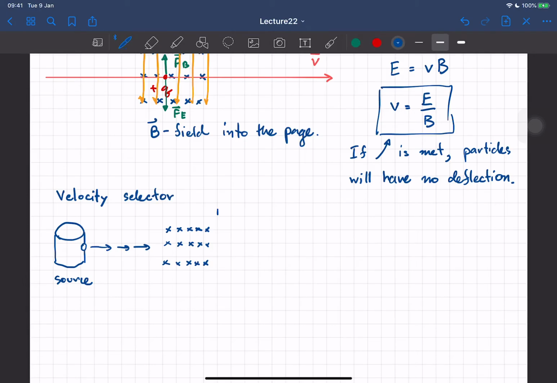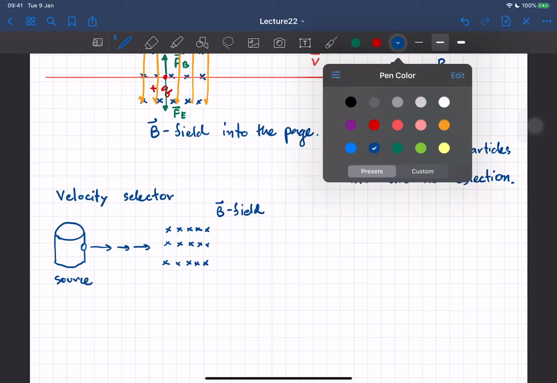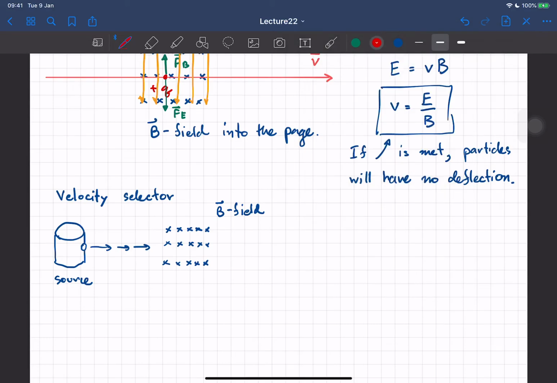Okay, so you set up the B field and E field like this, and my electric field, let's say, is going down.